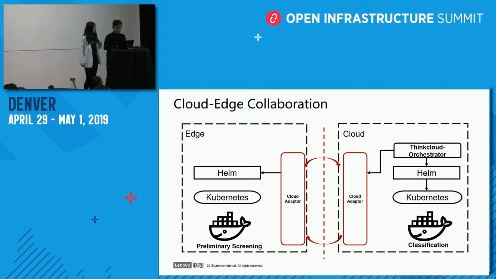The other layer is cloud edge data collaboration. In the business process of disease diagnosis and the dynamic training process, we can easily find that there is frequent data interaction between the cloud and edge. In the cloud edge ecology of Lenovo, the cloud adapter component is responsible for data exchanging.